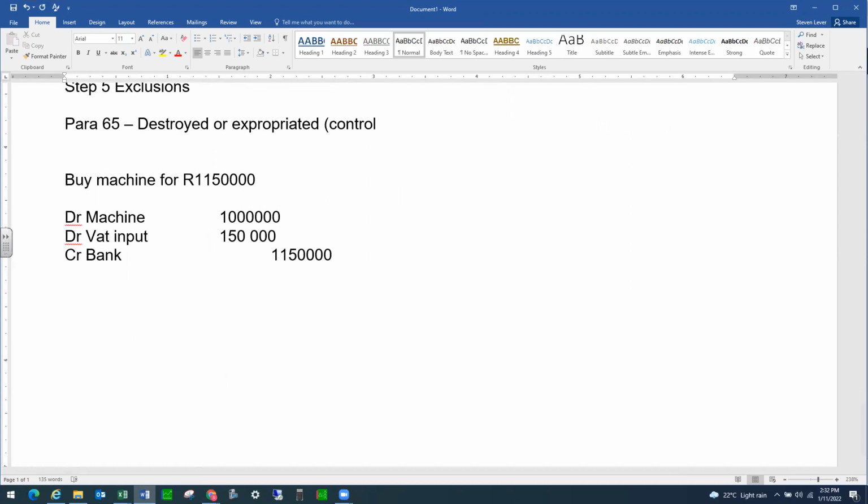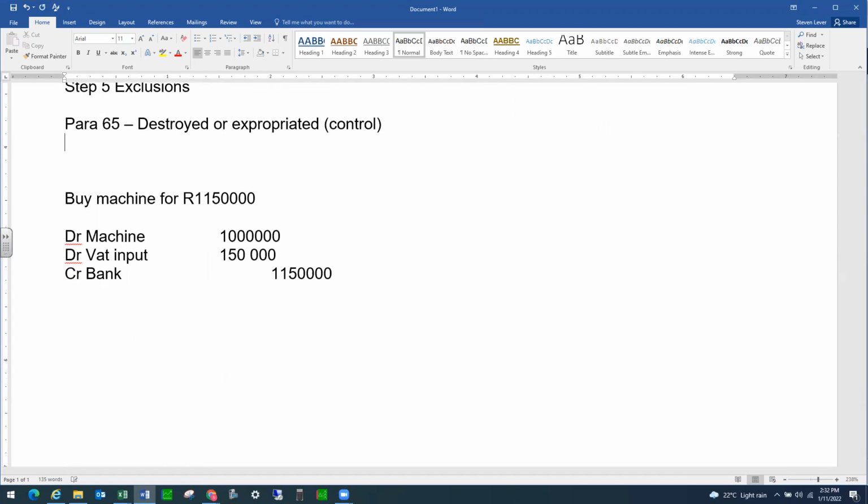Would this be like an involuntary disposal? Involuntary disposal. There's no control over the situation. It says that you can defer if you replace the asset with another asset.